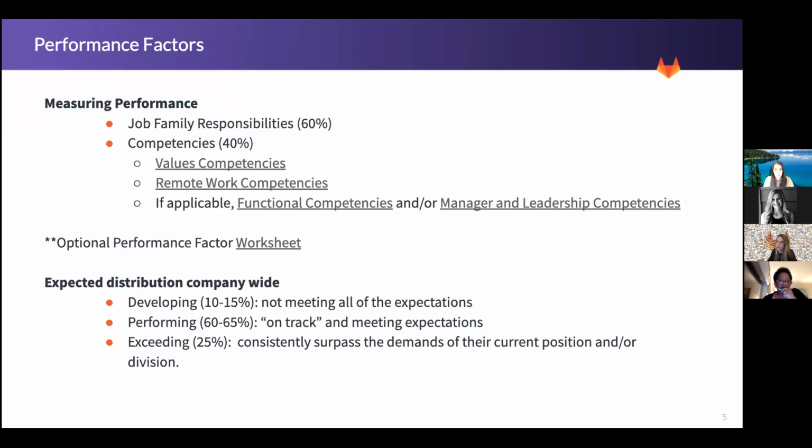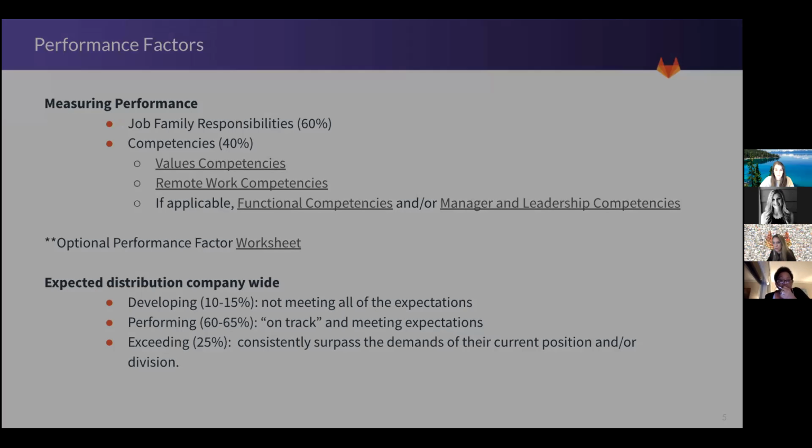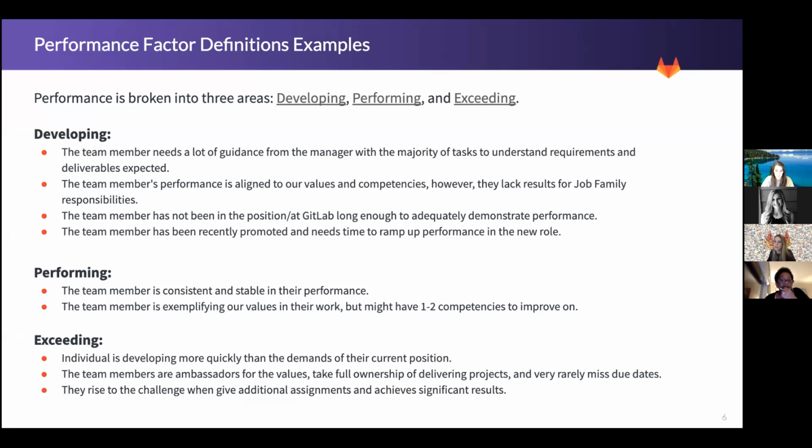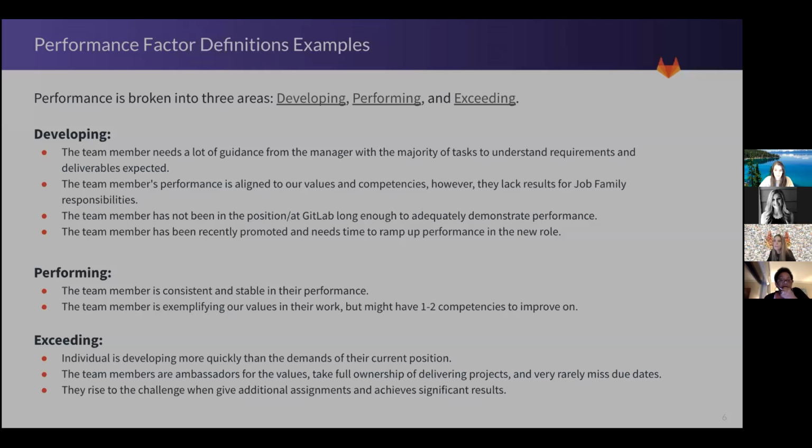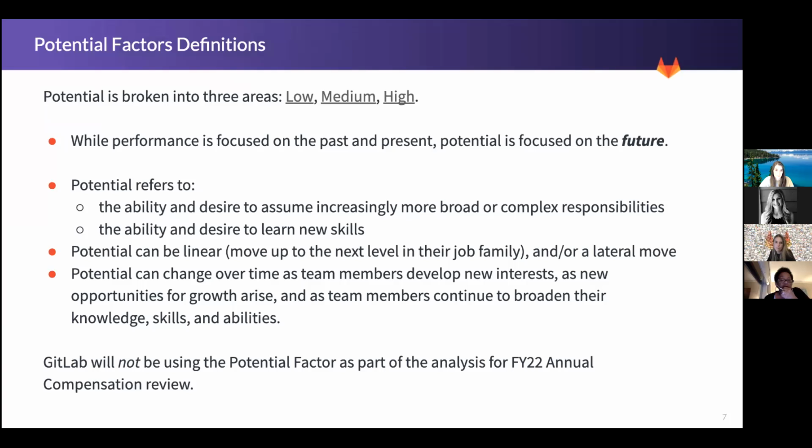And then jumping to slide 6, a bit more about the definitions of those factors and additional information. Just a reminder that we're not focusing on the potential matrix this first time that we're doing this. It's much more the performance factors that we're focusing on as a company.